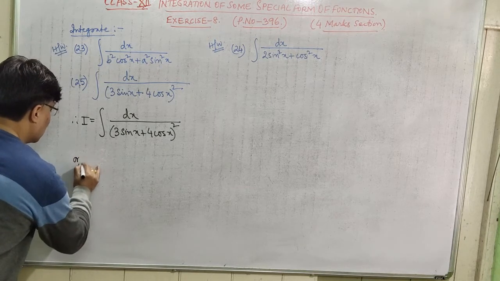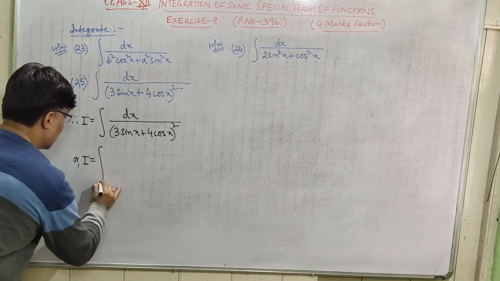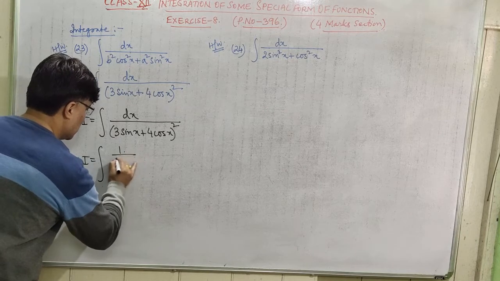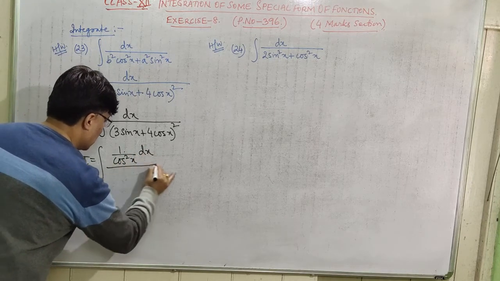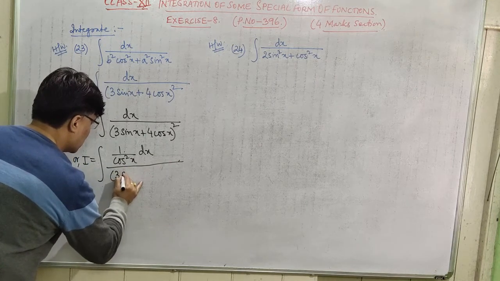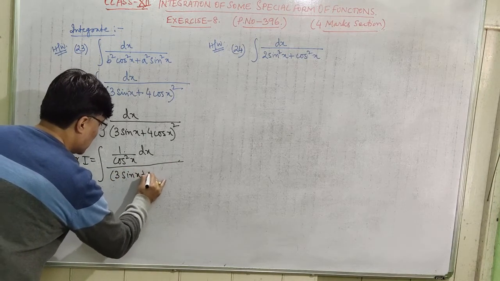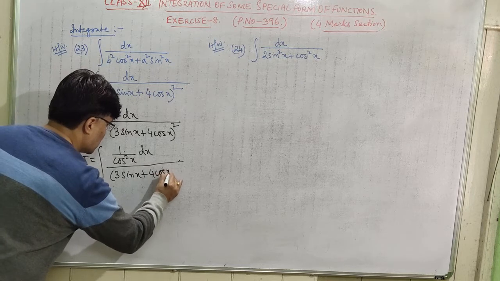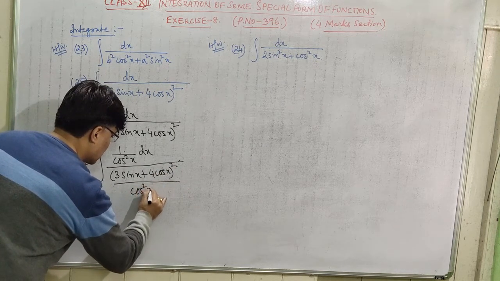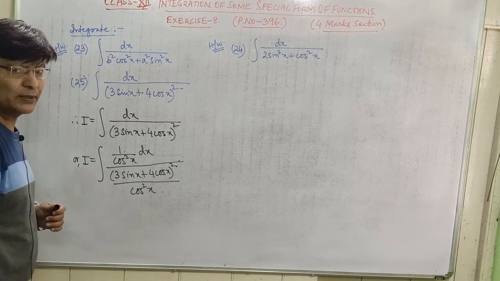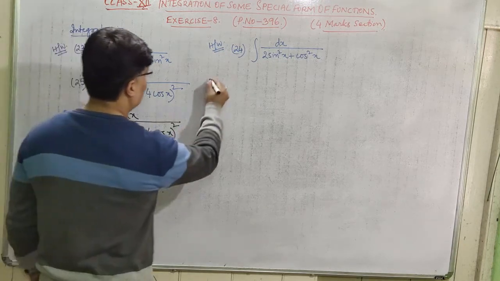So let us divide both the numerator and the denominator by cos square x. So it is 1 by cos square x dx divided by (3 sin x plus 4 cos x) whole square divided by cos square x. Understood? So let us simplify now.